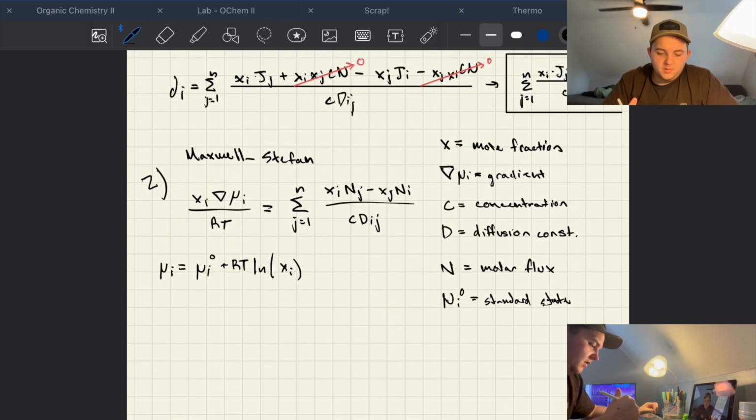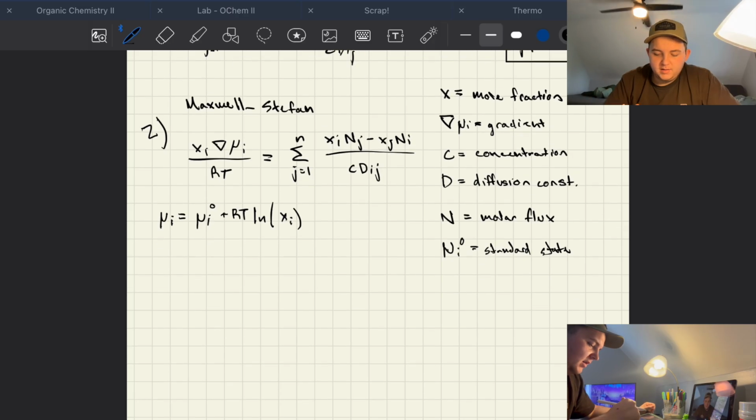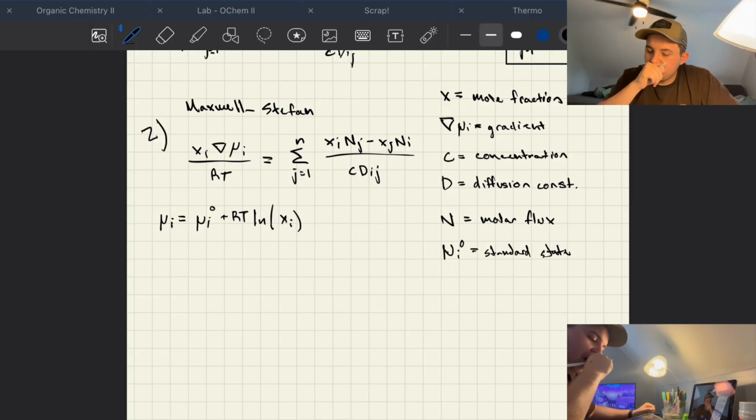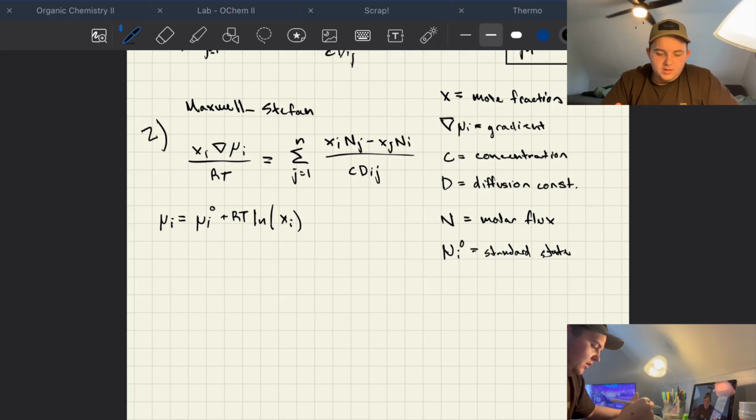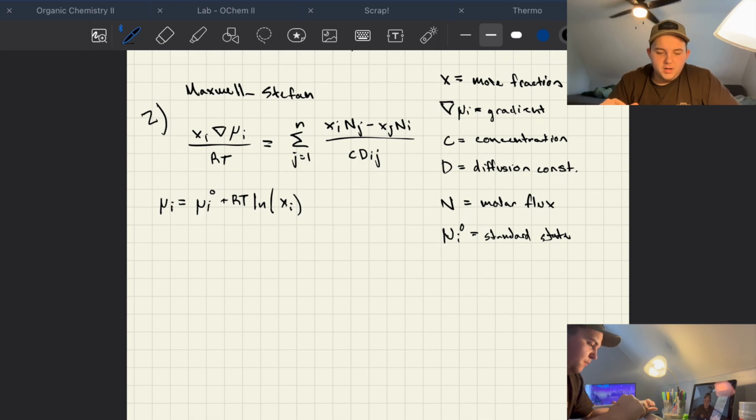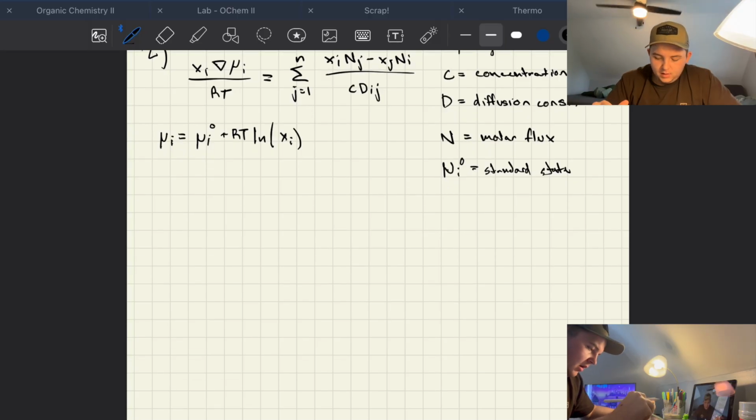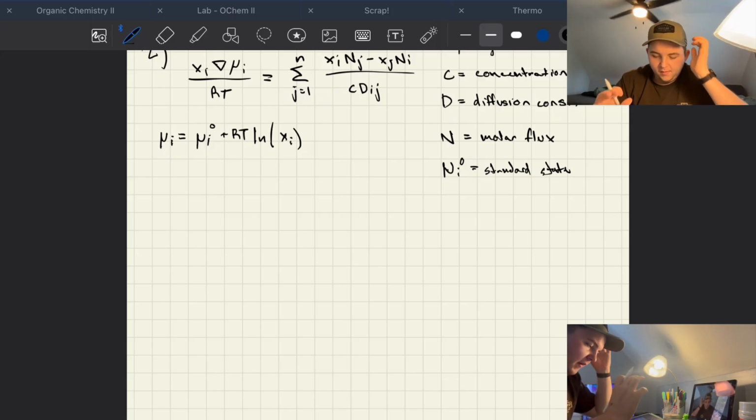So I just copied down our Maxwell-Stefan equation and our values, or our glossary, I guess if you want to call it here, and I added our standard state for our gradient on it too, and here I just have our gradient of mu_i is equal to our standard state gradient of mu_i plus RT natural log mole fraction i. So it kind of explains our standard state a little bit, so let's get into it.